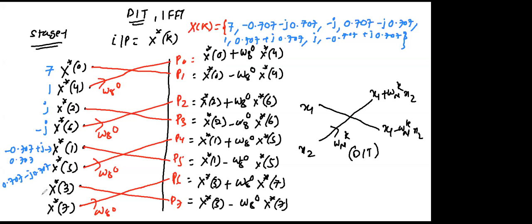The next, conjugate 3, is 0.707 plus j 0.707. Finally, X conjugate 7 is minus 0.707 minus j 0.707, because plus becomes minus, minus becomes plus. Like this you have to take.